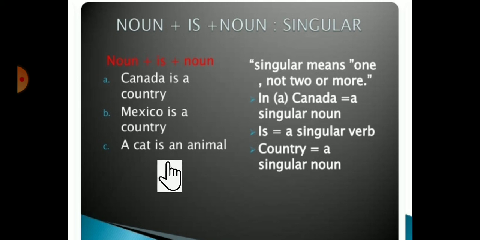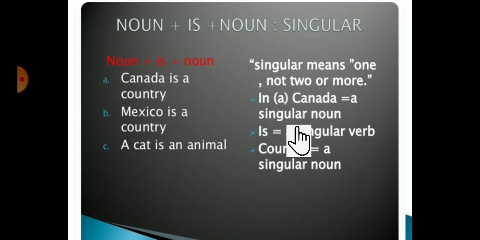A cat is an animal. Okay. Cat is the name of the animal. Animal is the name of the group of the animals. A common noun. So is is added here. Alright. So what explanation will we get here, student? Look here. Singular means one, not two or more. It means only one.